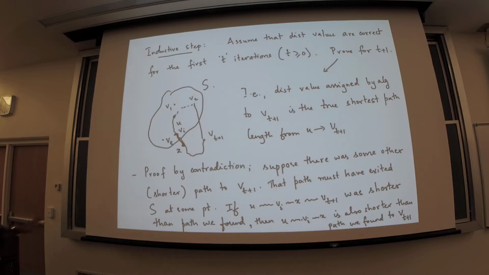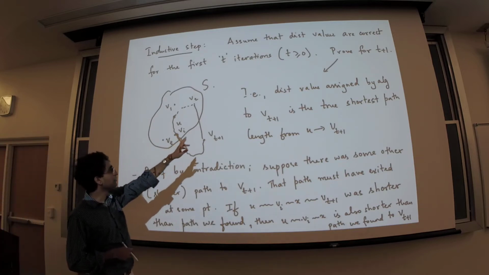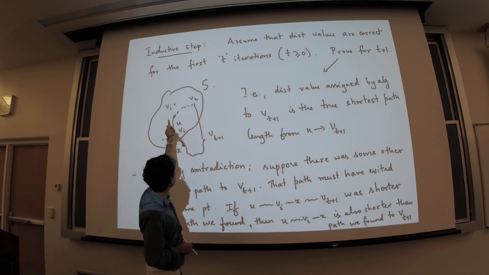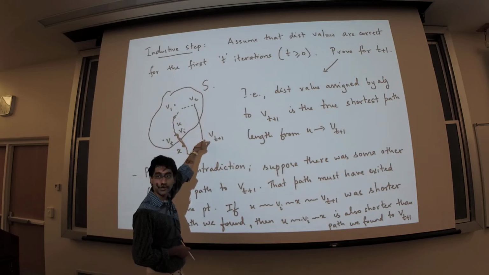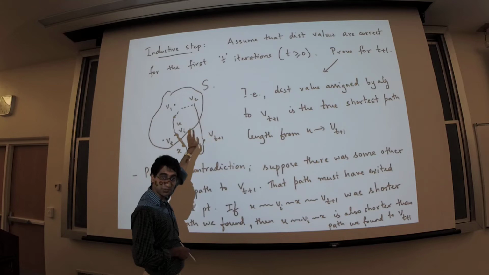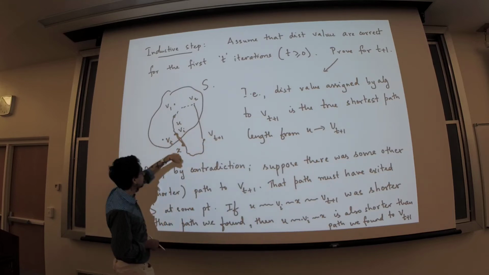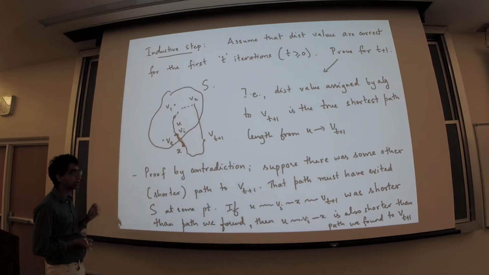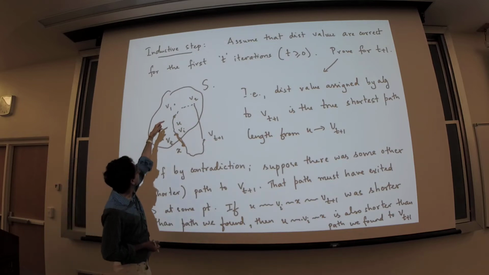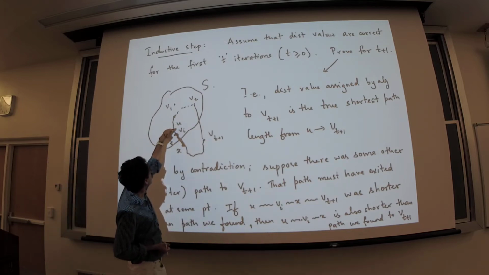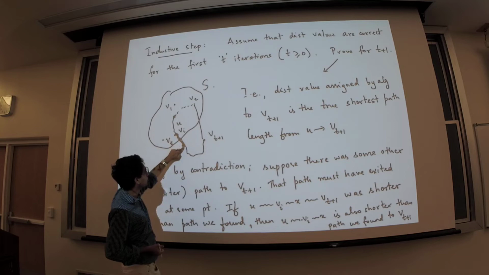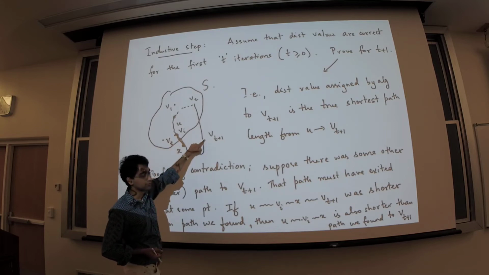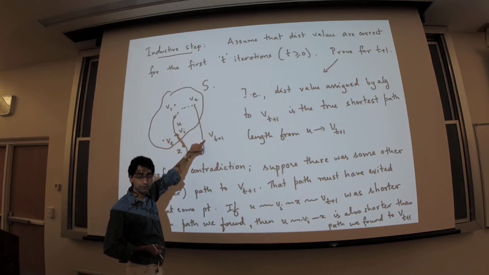And again, let's read this once again. We wanted to argue that the path we found from u to Vt plus 1 is the shortest one. We said suppose not. Suppose there was an even shorter path. We are looking at that path, and that path went from u to Vi, then out to x, then somewhere to Vt plus 1.